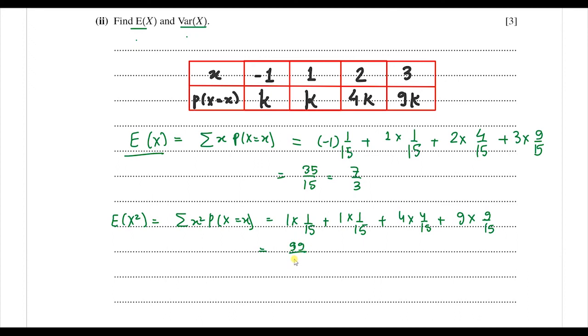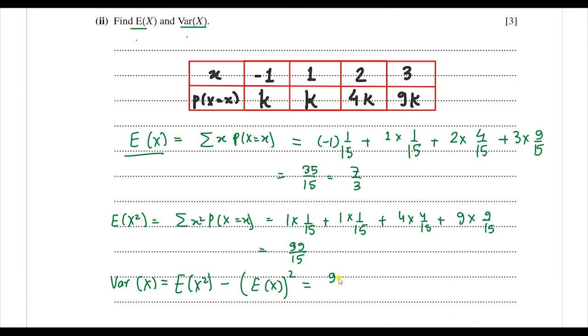Now that we have both the expectation of X squared and the expectation of X, we can find the variance of X. The formula is the expectation of X squared minus the square of the expectation of X, and both values are here.